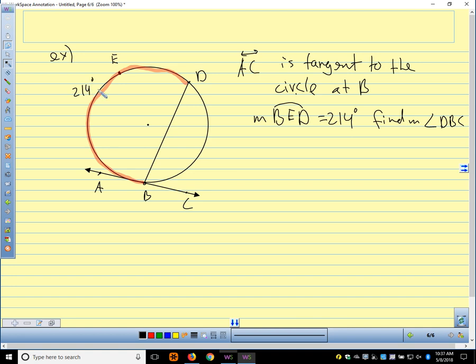So there are a couple of different ways that we can go about doing this. The first way I thought of was, how far is it around the entire circle? 360. So can't we find this arc? If the whole circle is 360 degrees, how would we find the measure of arc DB?